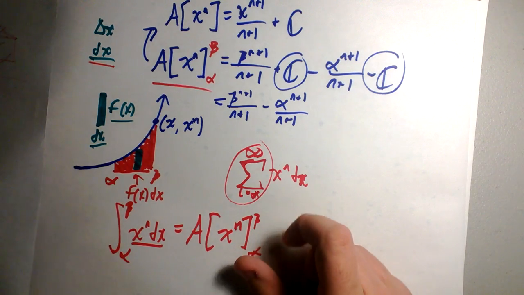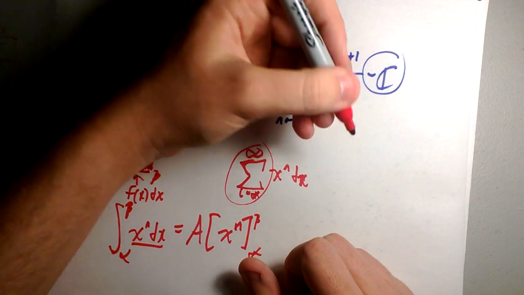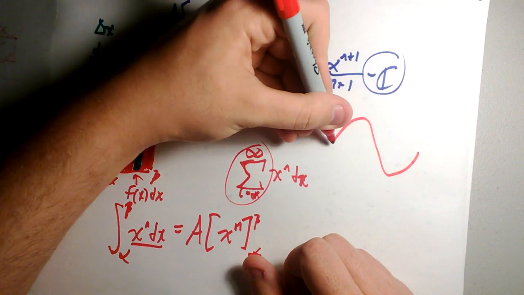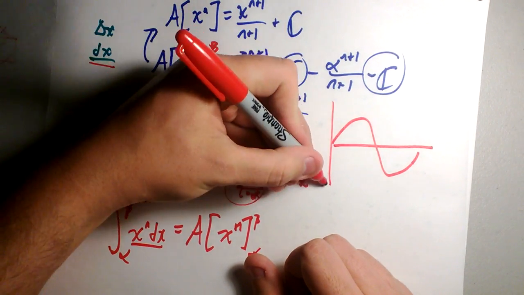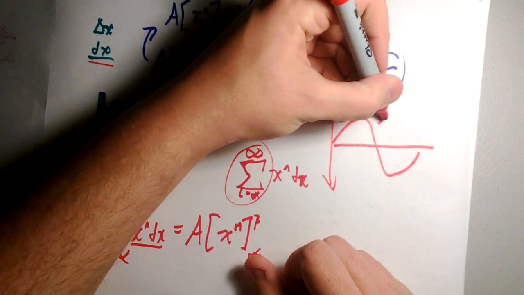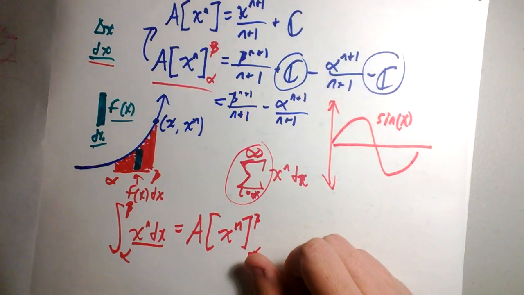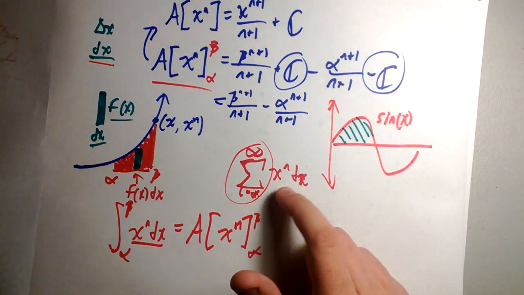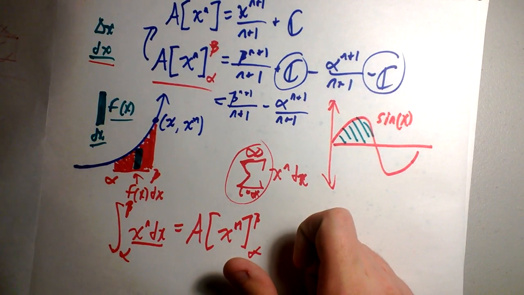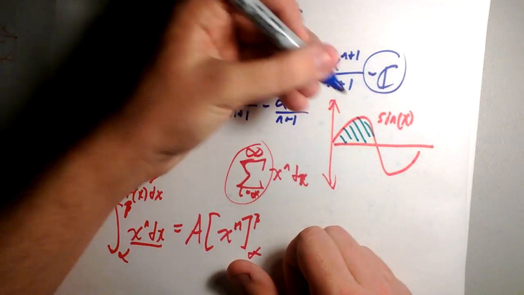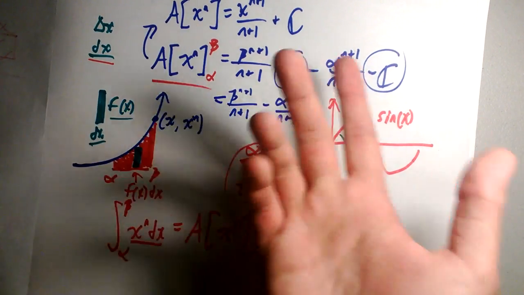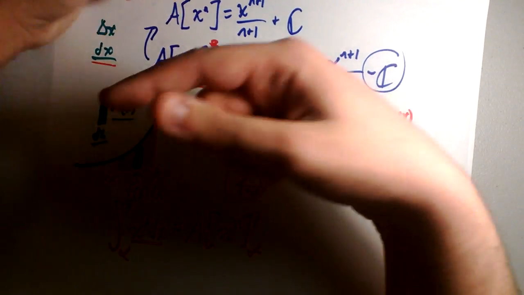But how do we find more areas? How do we know, for example, if we graph sine, that curve, that's going to be our sine x curve? How would you figure out the area here, though? You don't have this easy trick of setting up triangles and estimating, and you don't have a way to simplify it because we can figure out if this is 1, so then we can expand it to 2.